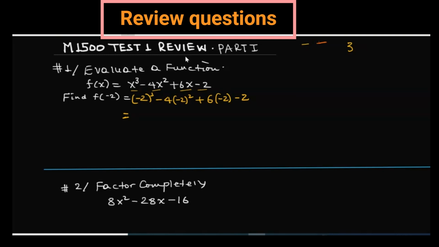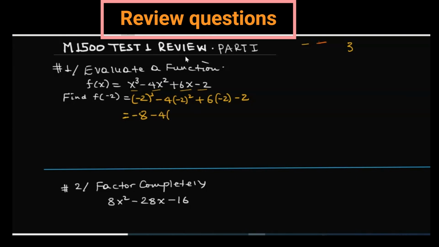The first one is negative 2 to the power of 3. We know that this is an odd exponent, so the result is going to be negative, because negative times negative is positive, and then times negative again is negative. 2 times 2 times 2 is 8, so this is negative 8, and then minus 4 times the other bracket.